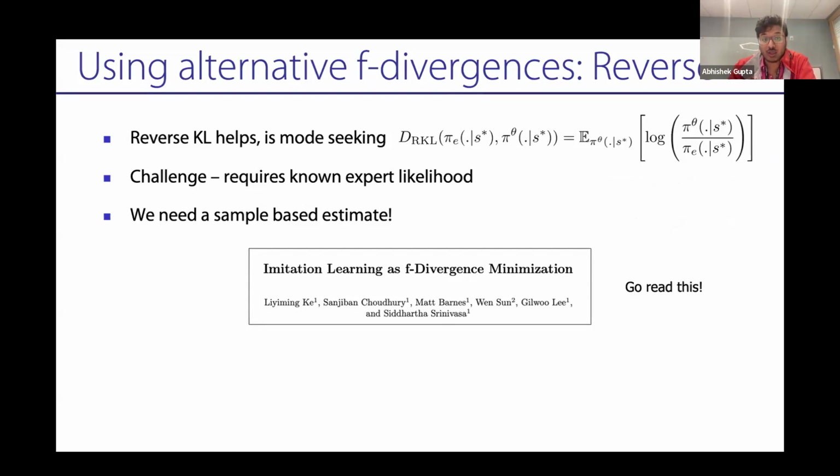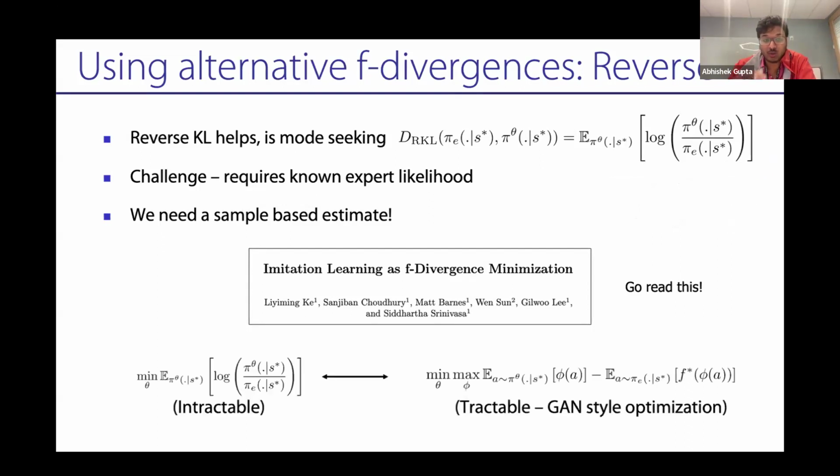What Kay and others showed in their paper was that you can convert this f-divergence shown on the left, like this is the KL divergence, into a sample-based estimate. The main trick is using this idea called the convex conjugate.